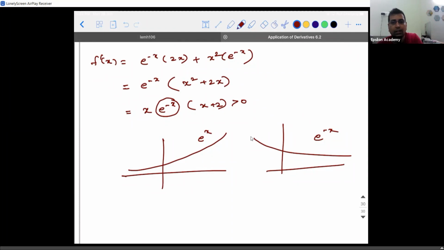Correct? But if I talk about e power x and e power minus x as a common factor, I can say both give you positive values for any value of x. That is why they are always above the x-axis. So e power x and e power minus x are always greater than 0.